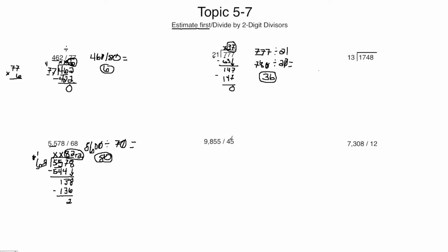Go ahead and push pause. Give me the estimated quotient and the actual quotient. Okay, so 45, I am going to estimate to 50.